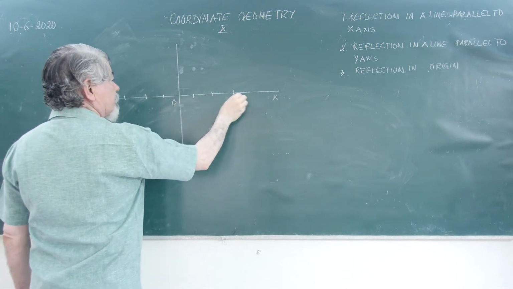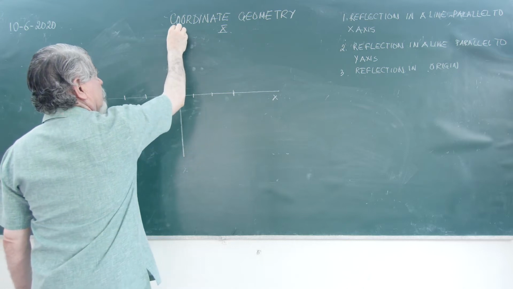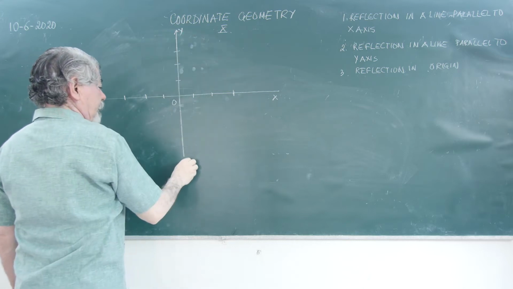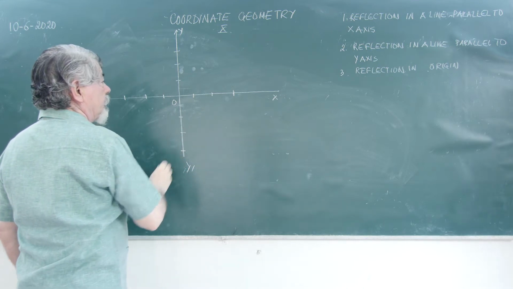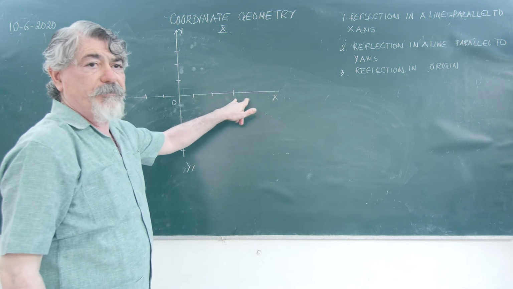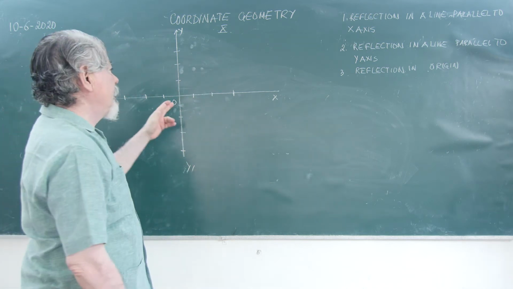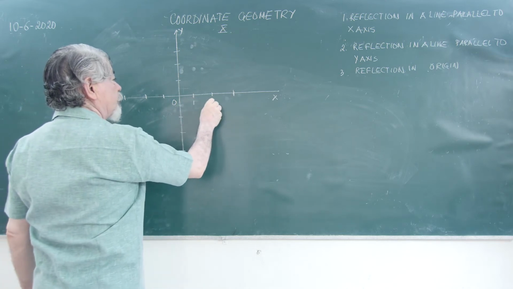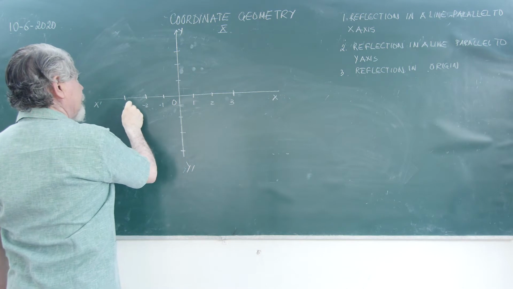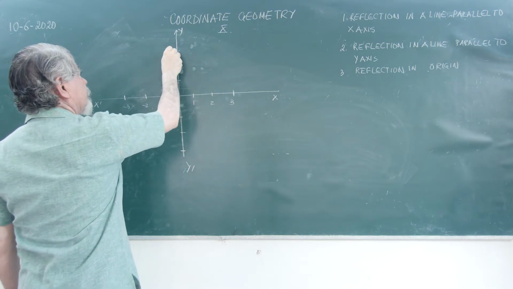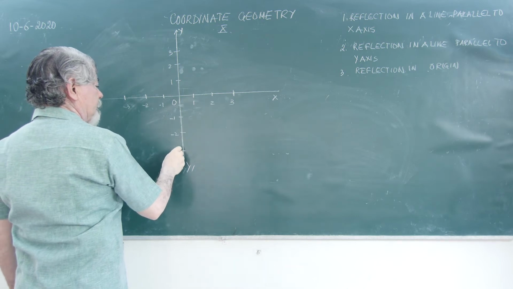This will be plus, this will be minus. Similarly here, plus, it is Y here and Y dash, and this will be minus on this side. The distance between any two consecutive points is the same, they are equidistant, like 1, 2, 3 on the plus side, and minus 1, minus 2, minus 3 on the other side.